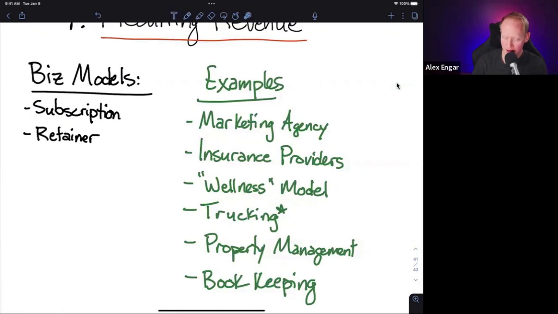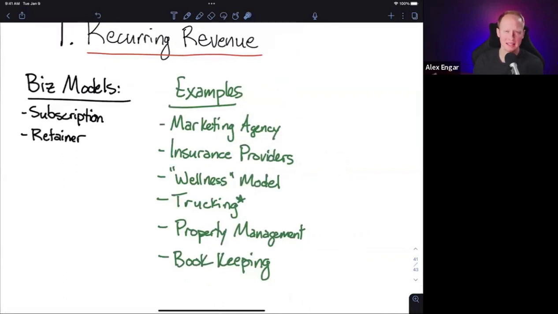In the trucking side, because I was thinking about you, Dan, if you're still on here, there may be some recurring revenue where you have predetermined loads that you're going to take every week. And we just know that money is going to be there because we've got the contract for it. And on the property management side, pretty straightforward. And then even something like bookkeeping, right? It's a very much recurring revenue type of model.